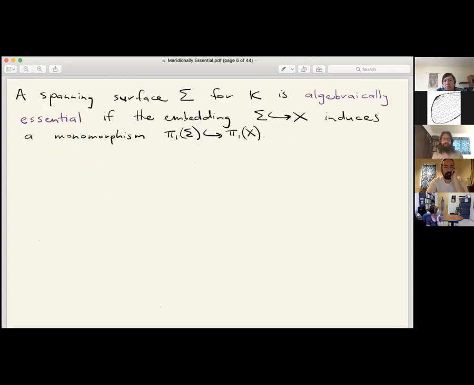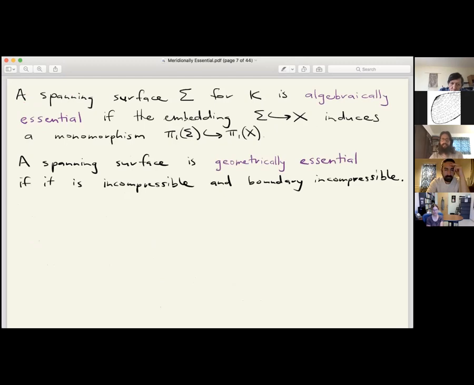So let me just remind you, we have to be careful here because we're talking about one-sided surfaces today. So a spanning surface, we're going to say it's algebraically essential if the embedding of that surface into the knot exterior induces an injective homomorphism between the fundamental groups. That's algebraically essential. There's also a related notion of being geometrically essential.